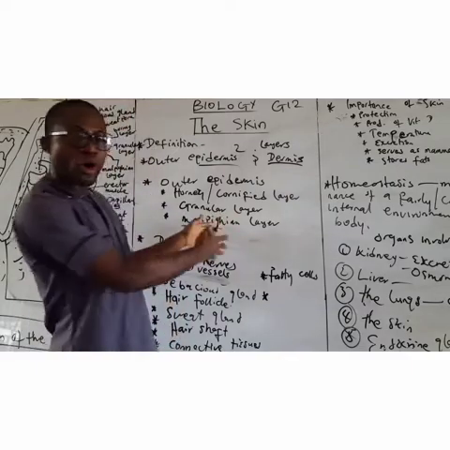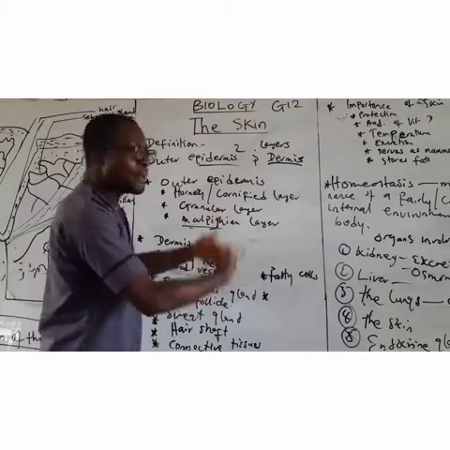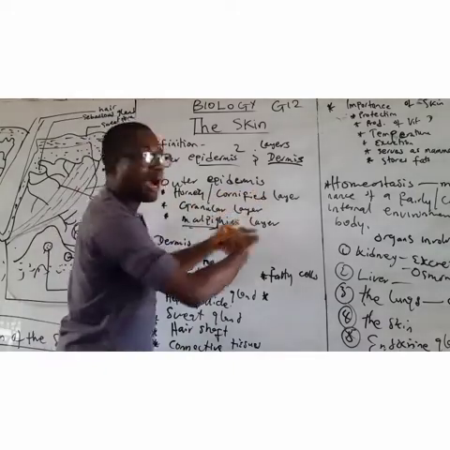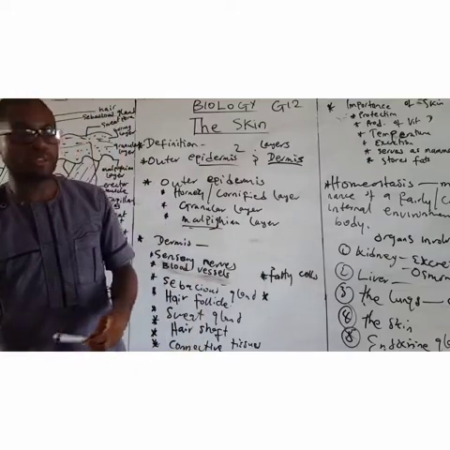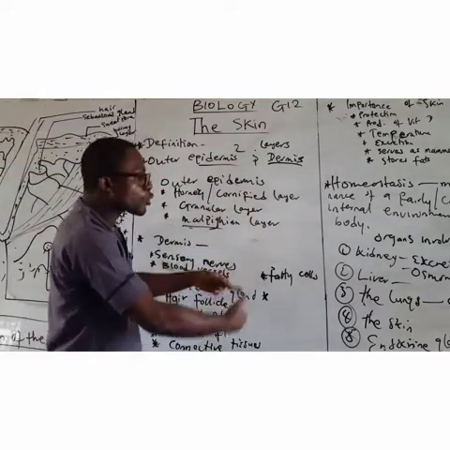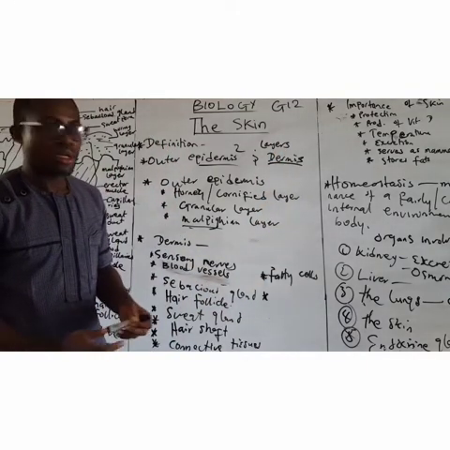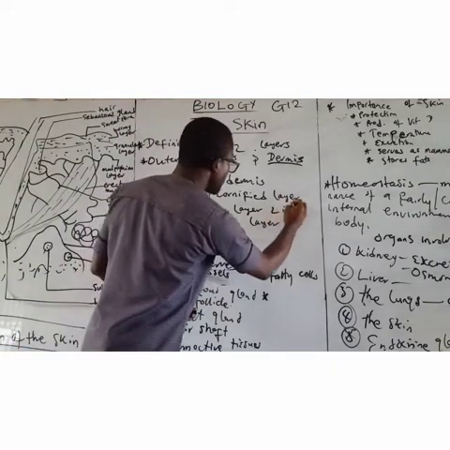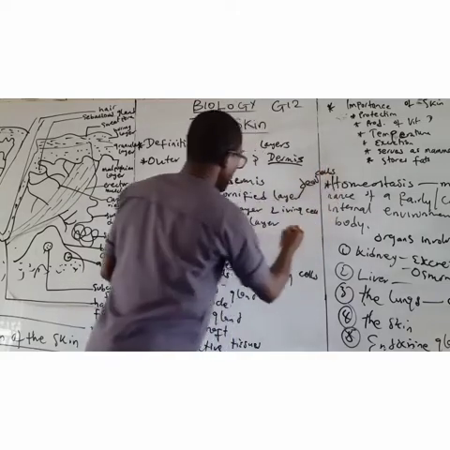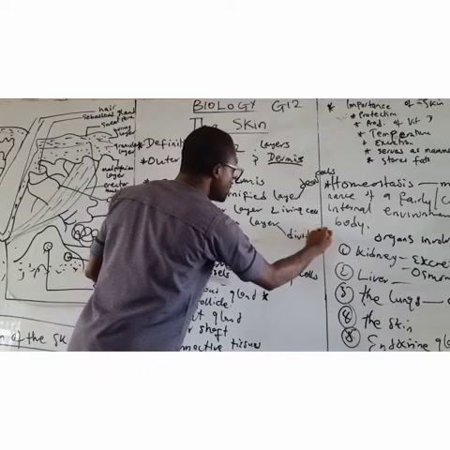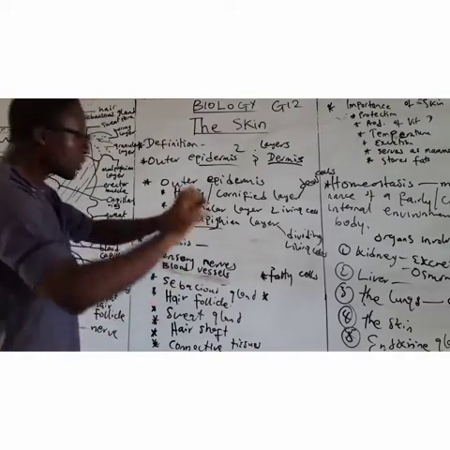So cell division occurs in this layer, and as a result the cells are being produced. When the cornified layer is worn out, maybe you have an injury and that part of the skin is cut out, the living cells will replace the dead cells. So this one is living cells, this one is dead cells, and this one is dividing living cells.